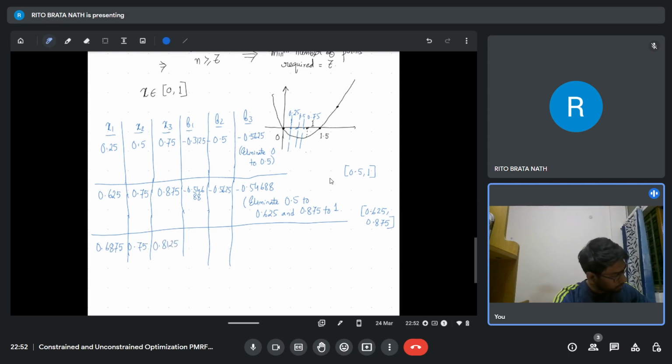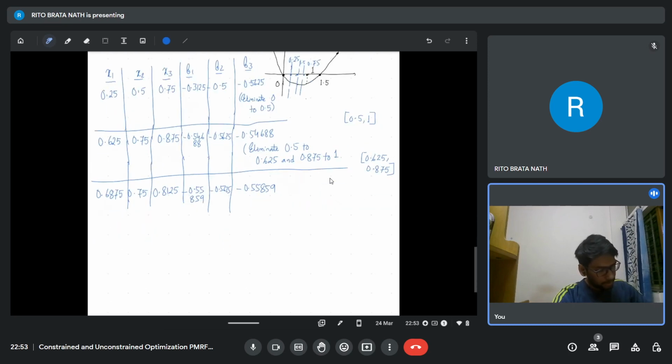And the function values are minus 0.55859, minus 0.5625, and minus 0.55859.